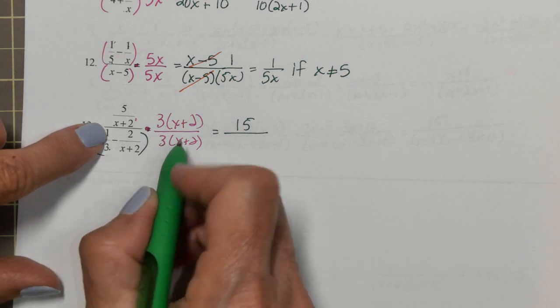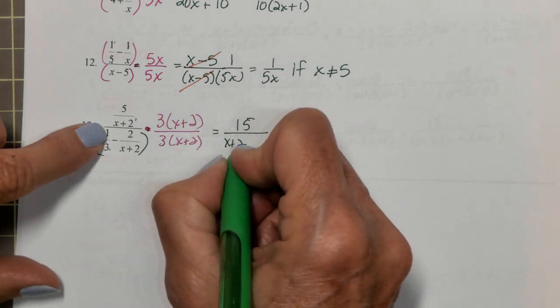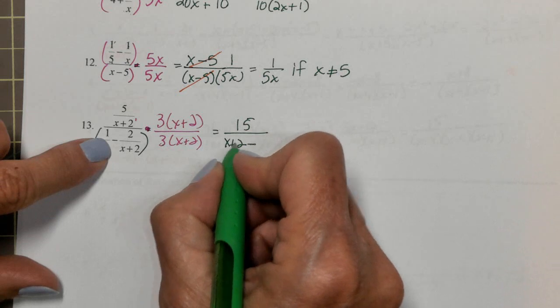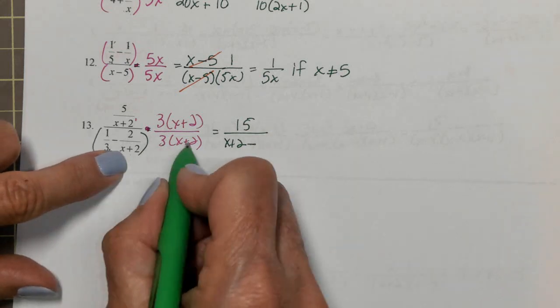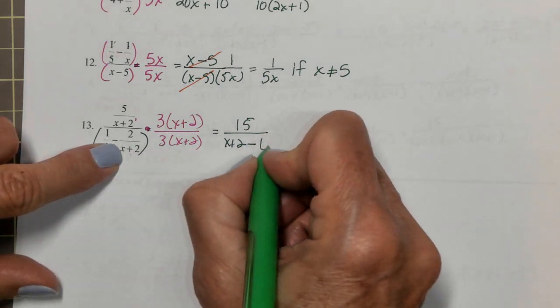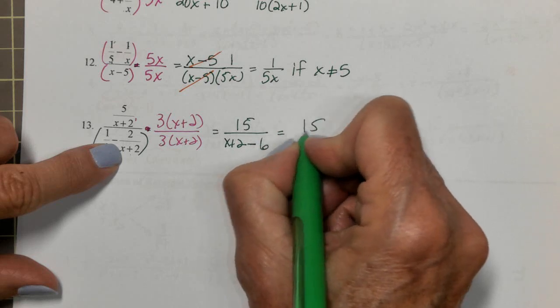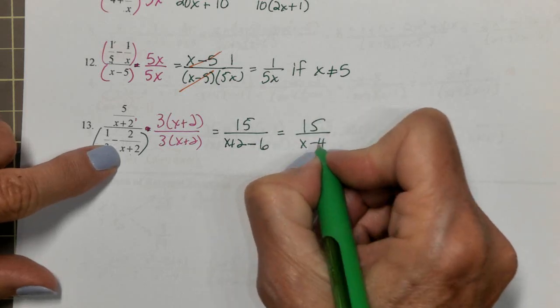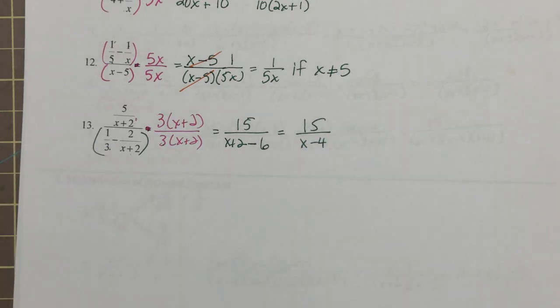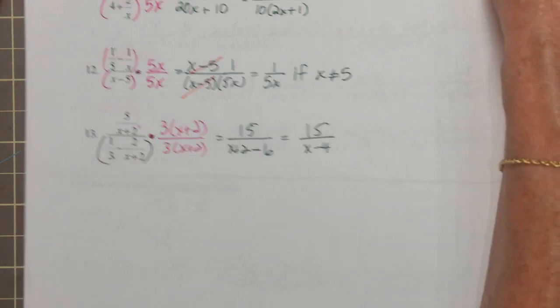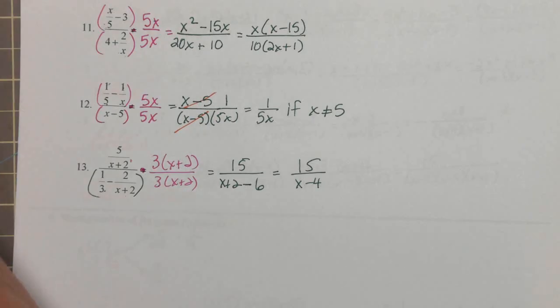I'm left with 1 times x plus 2 minus, here the x plus 2's cancel, and I'm left with 6. So this is 15 divided by x minus 4. And that's it. Alrighty? So that is operations, or simplifying rational expressions.